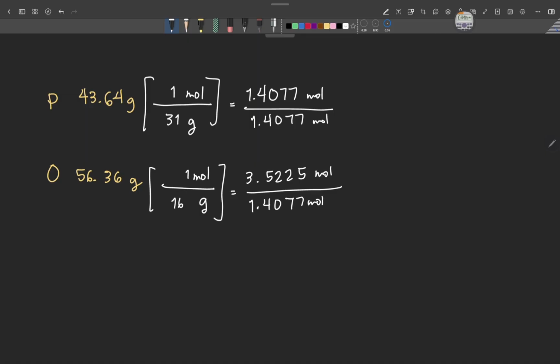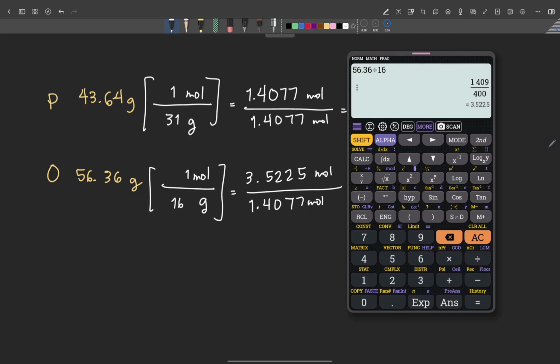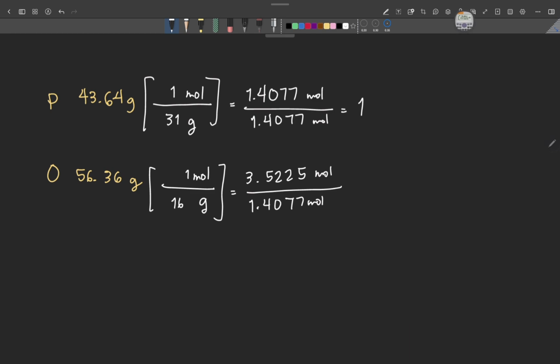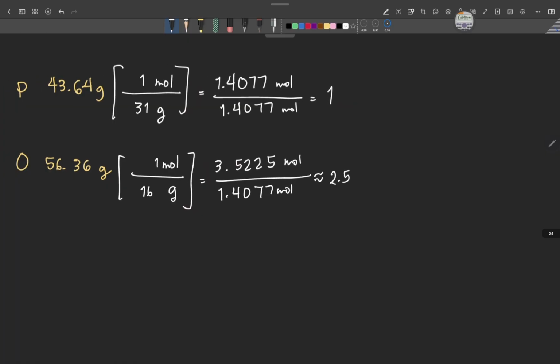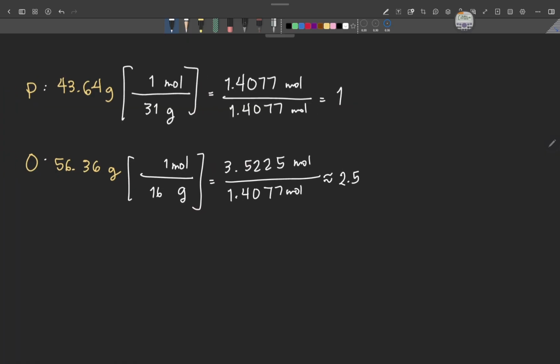1.4077 divided by itself is 1. And then 3.5225 divided by 1.4077 is 2.5. Okay. Since it's 2.5, we can't immediately round it off. So this is an example of that.